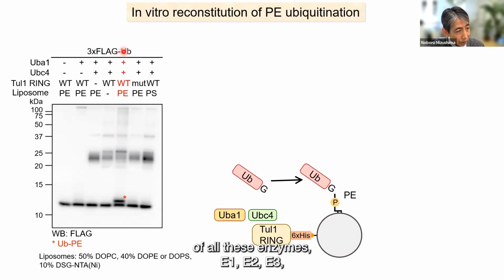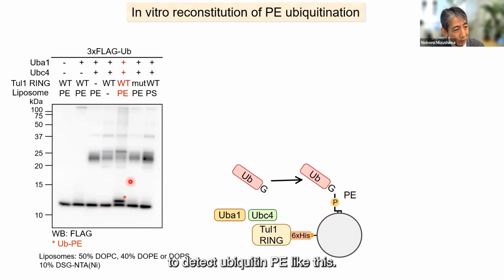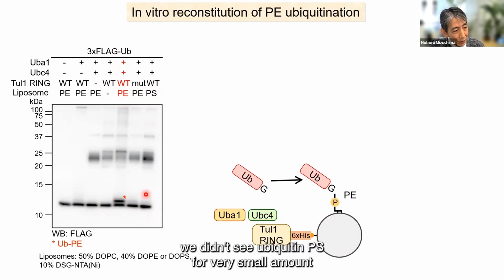in the presence of all these enzymes, E1, E2, E3, and PE-containing liposomes, we were able to detect ubiquitin PE like this. And if we used PS-containing liposomes instead of PE liposomes, we didn't see ubiquitin PS, or a very, very small amount of ubiquitin PS.